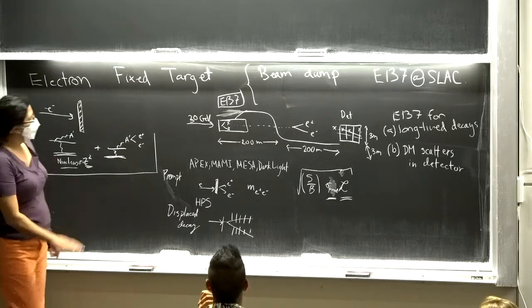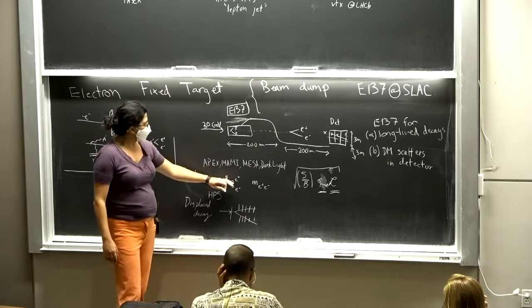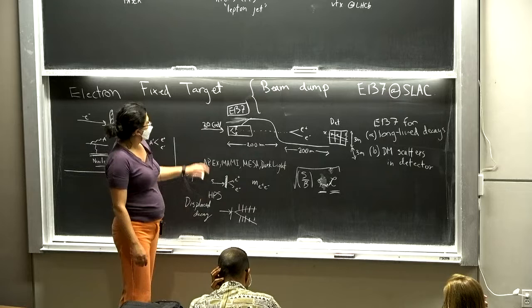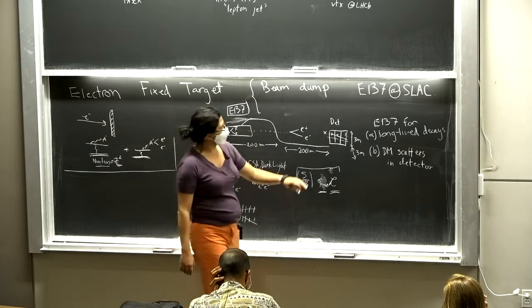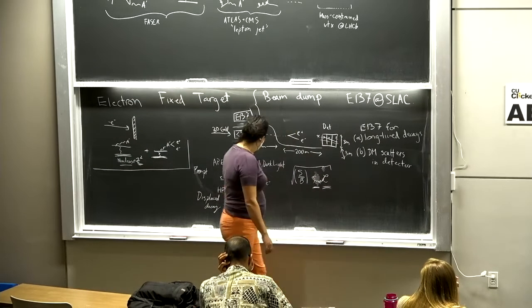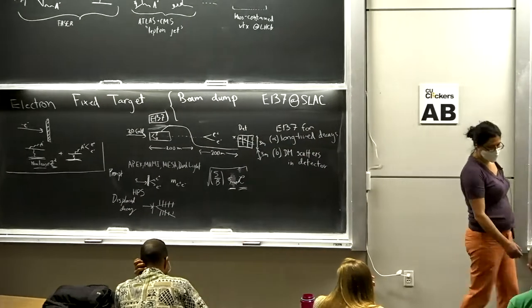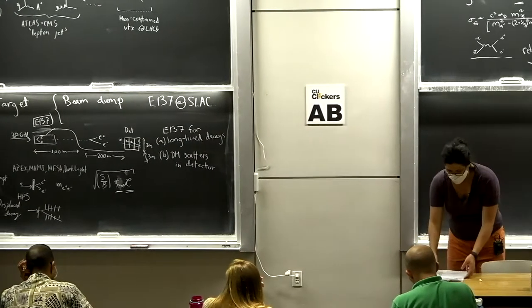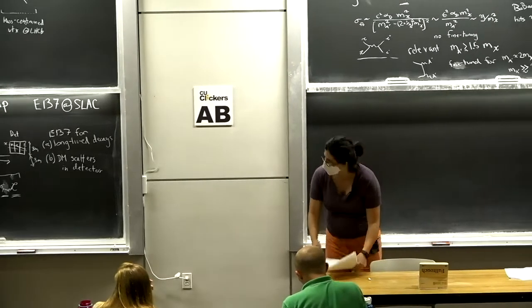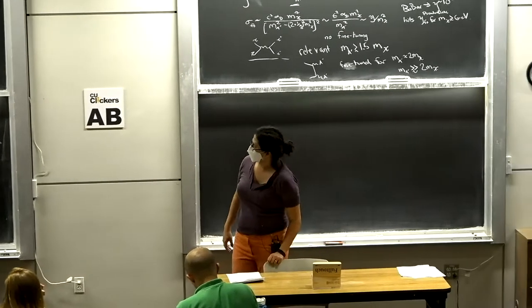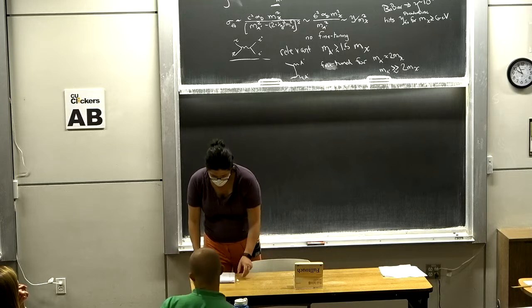Okay, so I'll go through and estimate. I wasn't going to talk about these experiments in detail, but I want to estimate the sensitivity in both of these modes for E137. And then I'll talk a little bit about the invisible, the missing energy or missing momentum searches, which can use thin targets for dark matter towards the end.